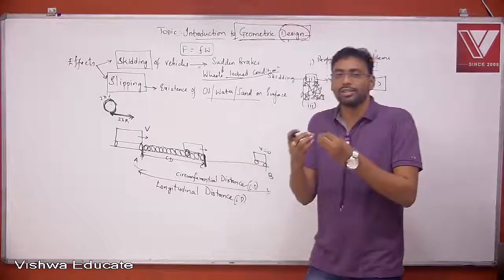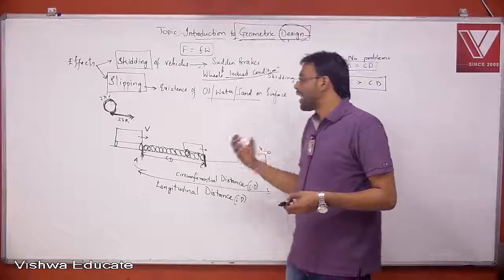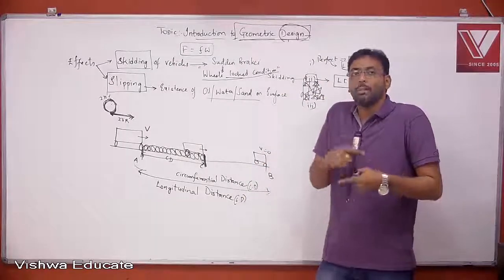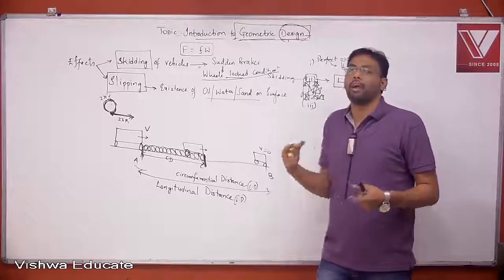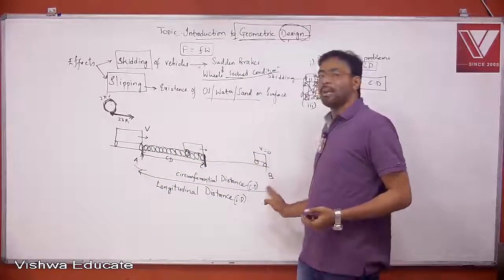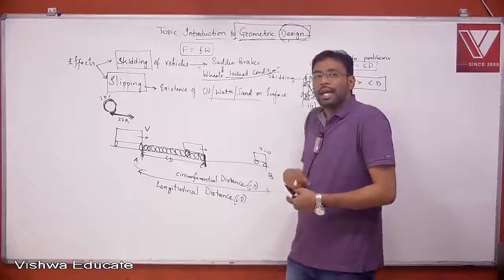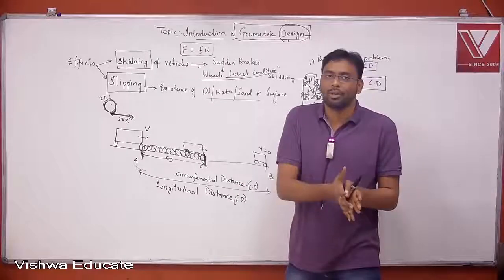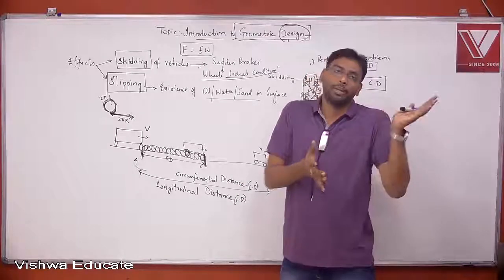It will decrease the friction value, and as the friction gets decreased, your wheel will rotate at a faster rate than a normal rate. So to travel the same distance AB, now your wheel will make more number of rotations than the standard number of rotations required in the perfect case.